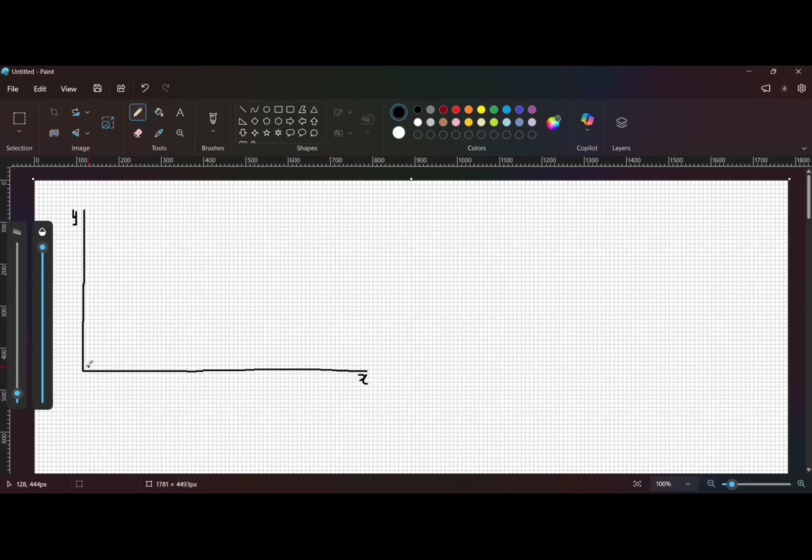And after plotting the points on the graph, it looks something like this.